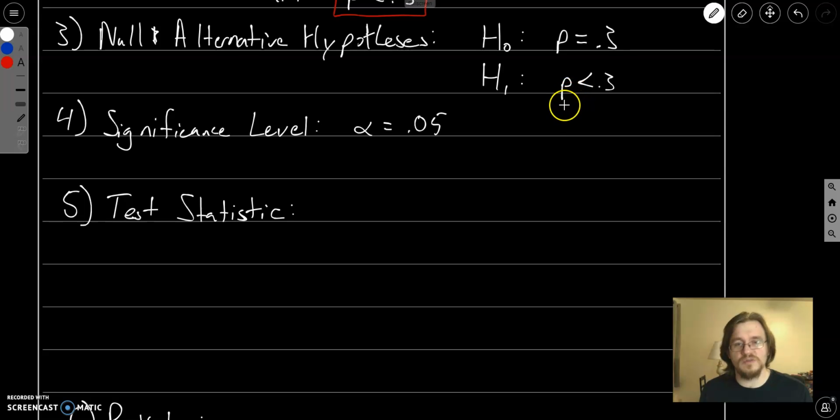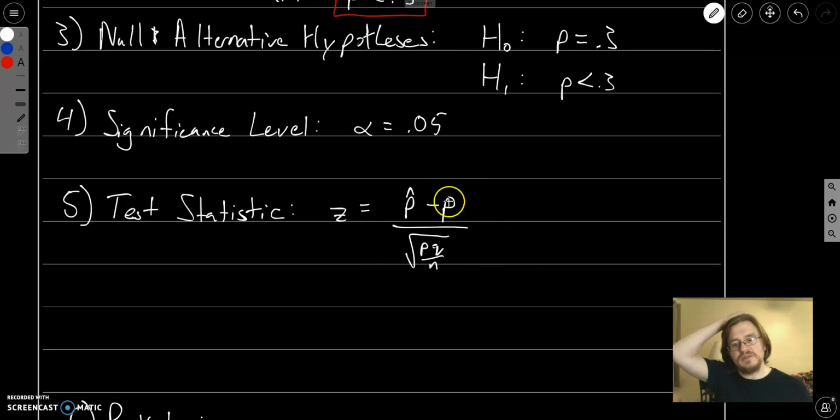Proportions are normally distributed, as in the sample proportions are always normally distributed, and because we have a normal distribution, our test statistic is going to be Z, and this will be equal to our sample proportion minus our population proportion divided by our sample standard deviation, which is going to be the square root of PQ over N. So this is again something that you will just be able to look up, remembering which test statistic goes with which parameter that we're looking at.